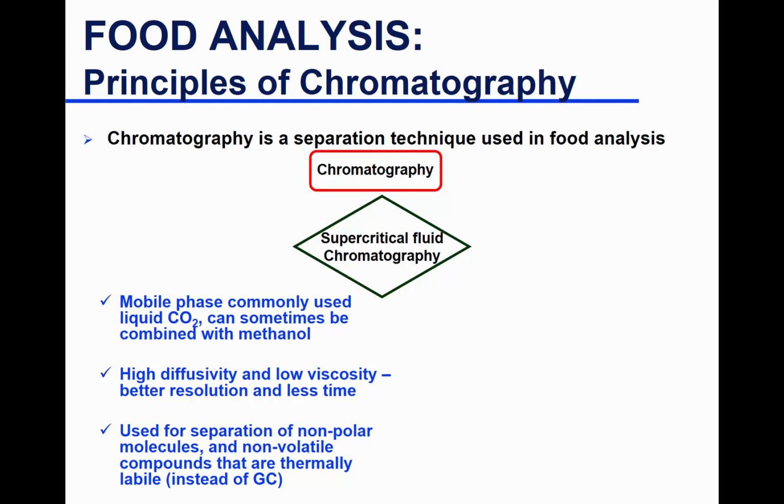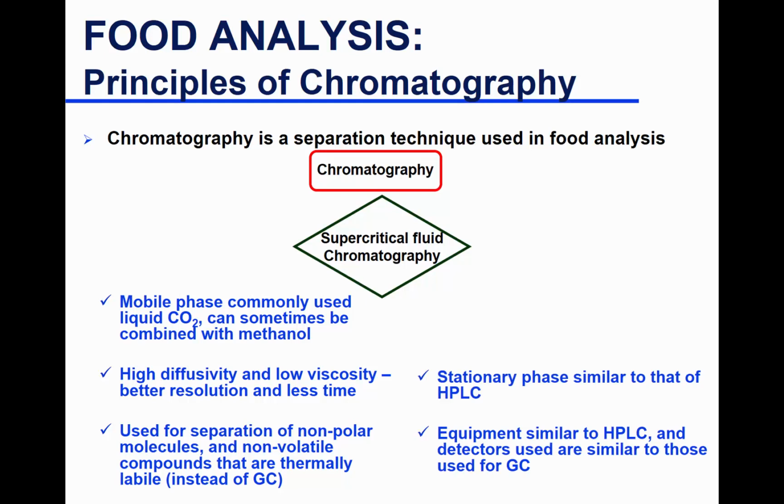So often it's used for nonpolar molecules and those molecules that are not volatile and are thermally labile. Otherwise, GC requires that your compound is volatile and doesn't degrade with heat. So when you can't use GC and you have nonpolar molecules, then you can use supercritical fluid chromatography.